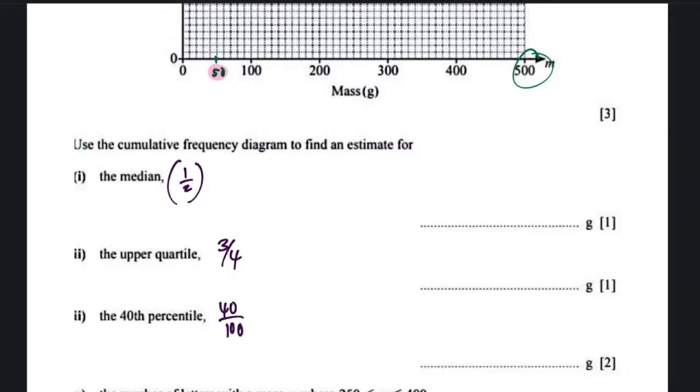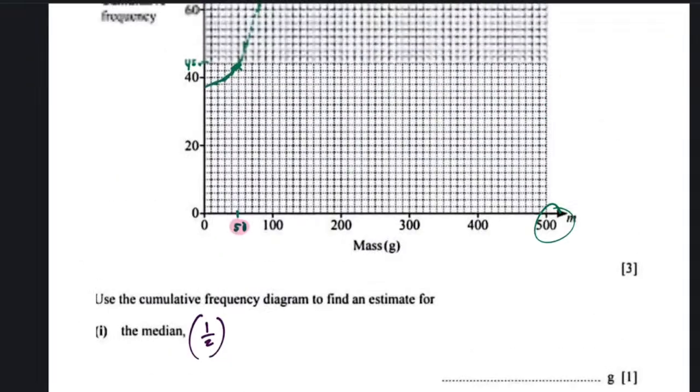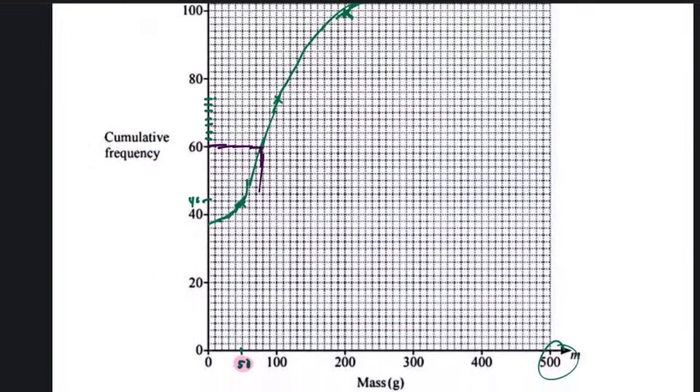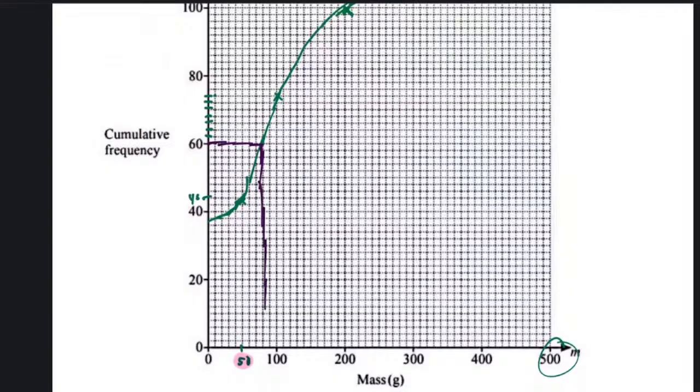Can you see that? So we're going to do median first. We want to find the median. So we go to this. What is the total thing? It's 120. So we say half of 120, half times 120, which is the same as saying 120 divided by 2. You get 60. So we come to 60. We move and we see where it hits. We go down with that to see what value that is, and we meet that value being here.